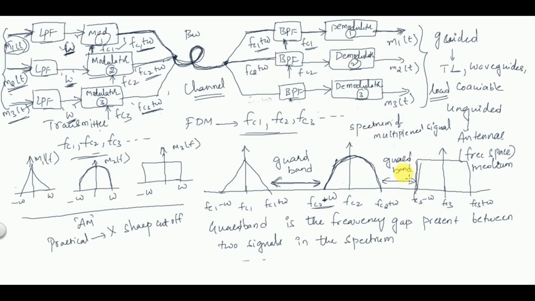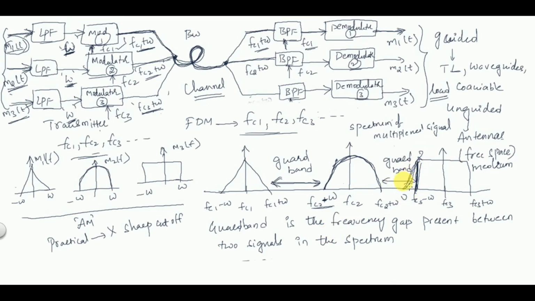Even though theoretically we are drawing it that way, practically the sudden decrease of the amplitude, suppose from 2 to 0, is not possible in practical filters. It requires some frequency range to decrease its gain from 2 to 0.